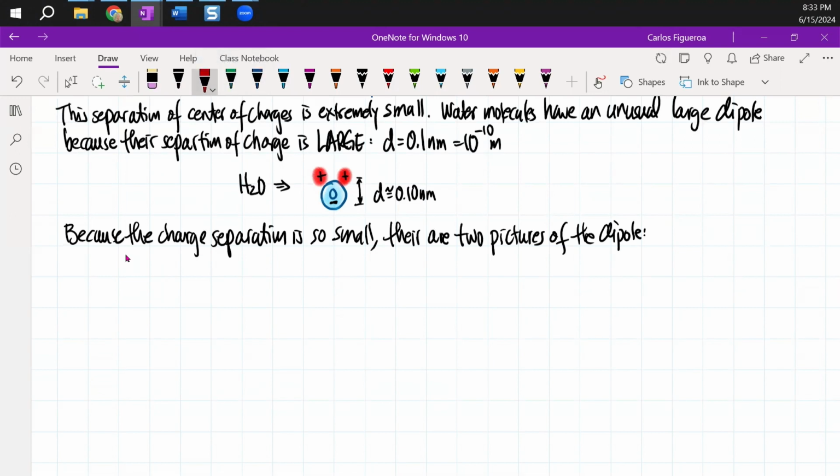So if I look at this, I'm going to have a positive charge here, and then I'm going to have the negative charge over here, and so you can actually see the separation.